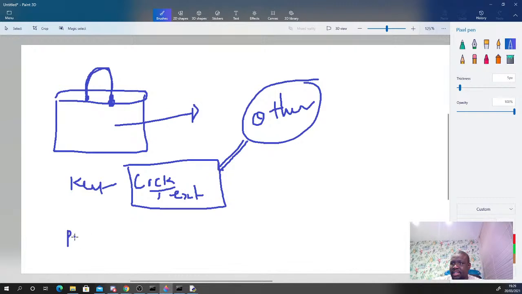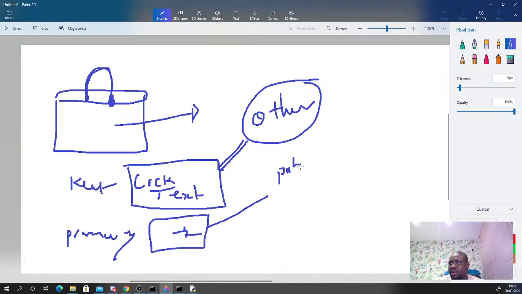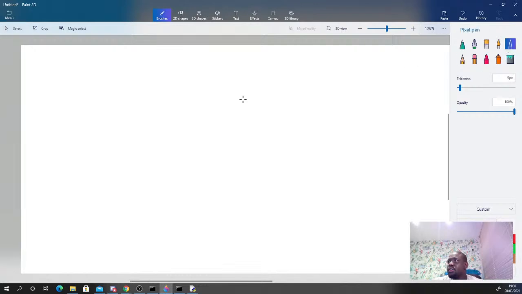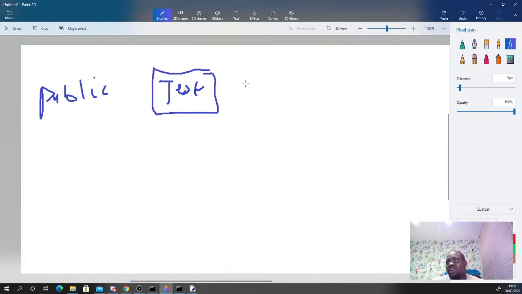So if I use the private key to encrypt this text, the public key will be the only one that can be used to decrypt it. So you get the text back. If you use the public key to encrypt a text, the only key that can read that text is the private key. The public key cannot reopen that. Only the private key can.